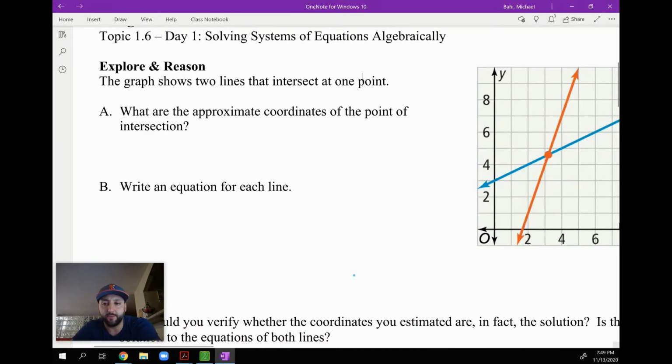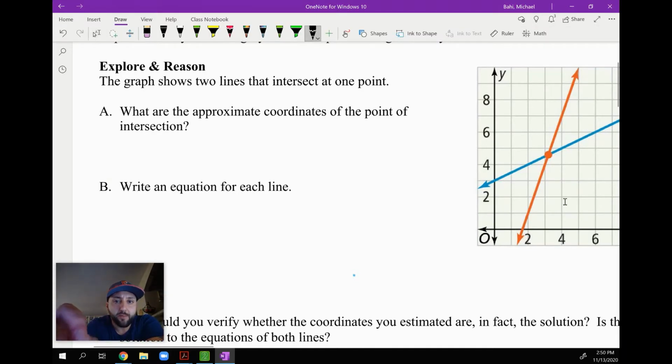Because in the real world, not every system of equations, whether they're linear, quadratic, whatever they may be, will always fall on a lattice point, which is like these points over here that are even. So in this case, it's not on a lattice point. So graphing will allow us to figure out exactly where it is.